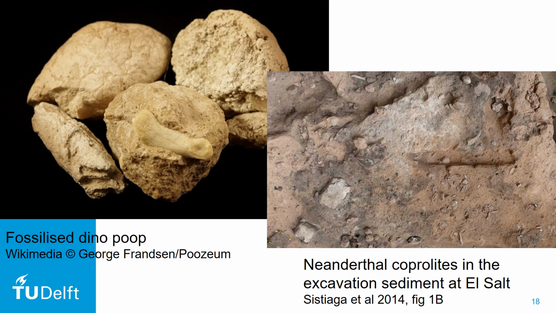At El Salt, again, this amazing site in Spain, small coprolites were found in the sediments, and they were analyzed with gas chromatography. They found chemical signals that were, yes, also the byproduct of meat consumption and meat digestion, cholesterol mainly, but this chemical signal also included a significant portion of plant sterols.